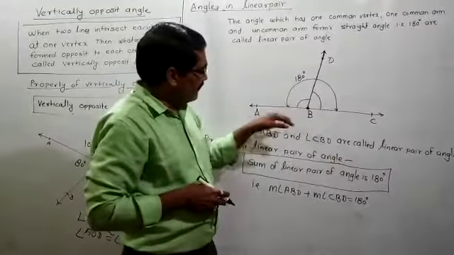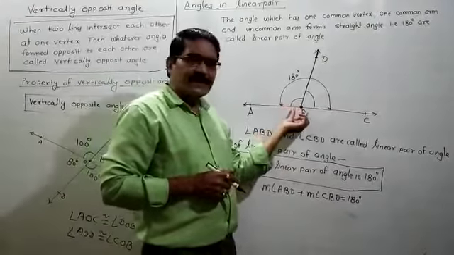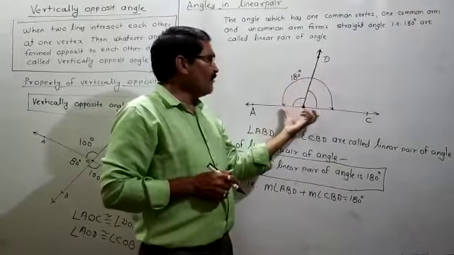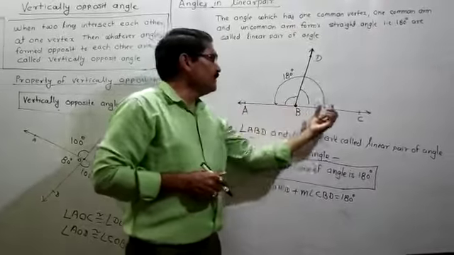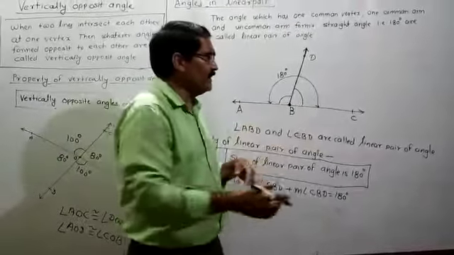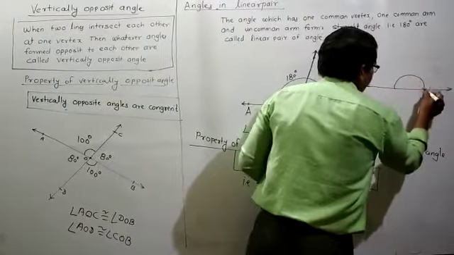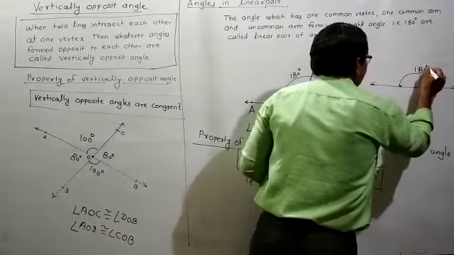What is the definition of linear pair of angles? The angles which have one common vertex, one common arm, and uncommon arms forming a straight angle. BA and BC are the uncommon arms, and they form the straight angle. The measure of a straight angle is 180 degrees.